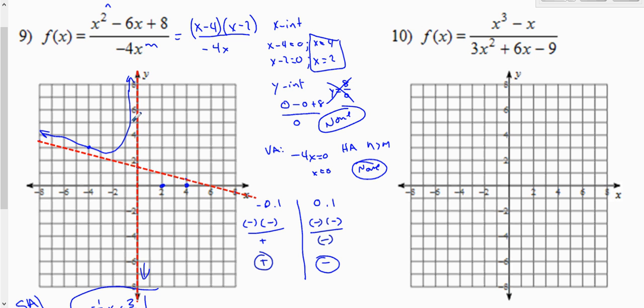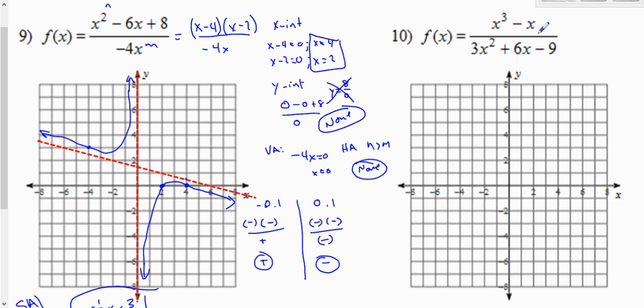So my graph goes down and curves up toward and follows the slant asymptote. Now this one, I need to come up above and then go through the 4 and then follow the slant asymptote. So I'm going to come up, go through the 2, go above the x-axis there, down, and then follow the slant asymptote. So that's my graph for number 9.